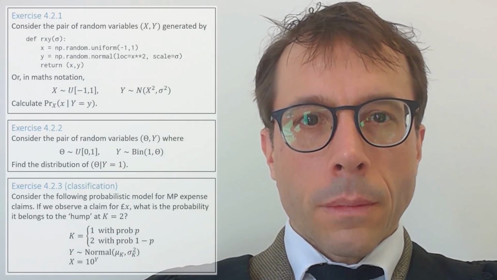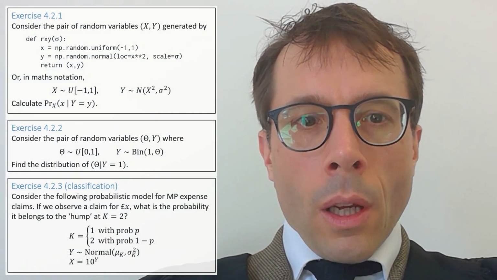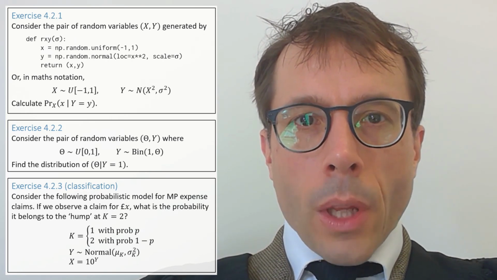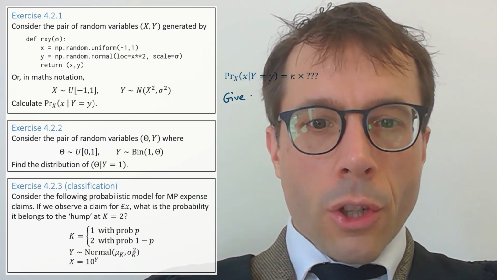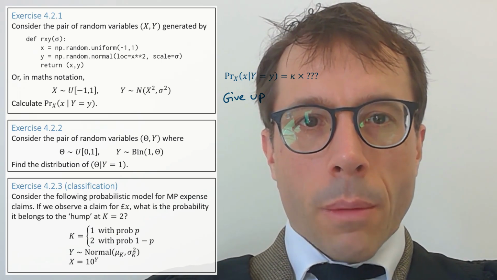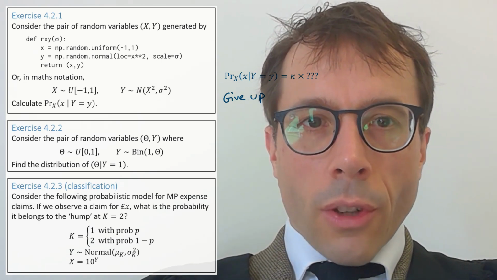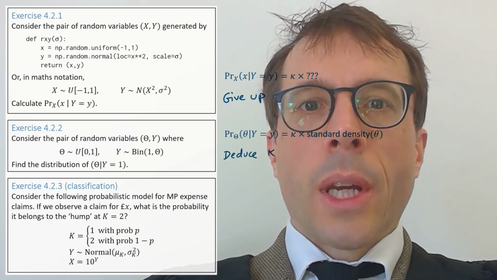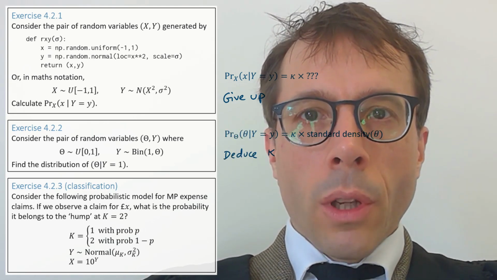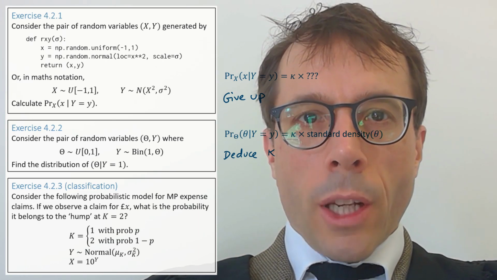Okay, well, we've seen 3 examples. Let's summarize them. And in particular, let's review the ways that we can deal with this pesky normalizing constant. In the first example, we just had a messy formula for the conditional likelihood, and so we gave up. In the second example, we recognized our formula as being the PDF of a standard random variable, so we could straight away deduce the value of kappa.